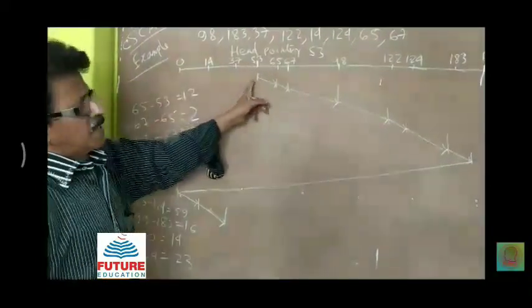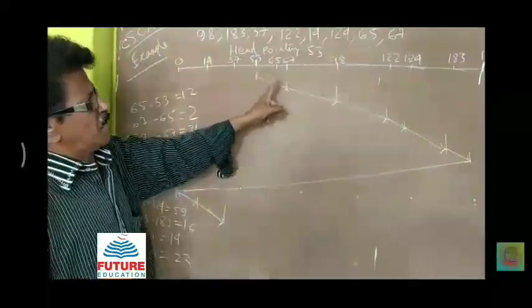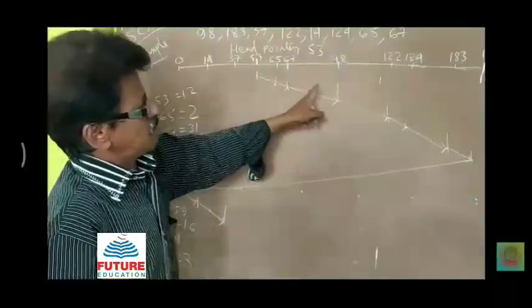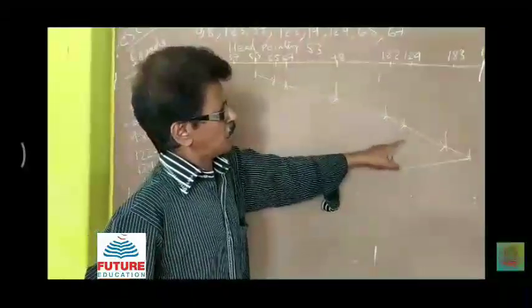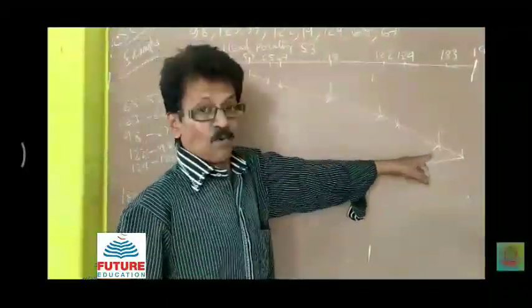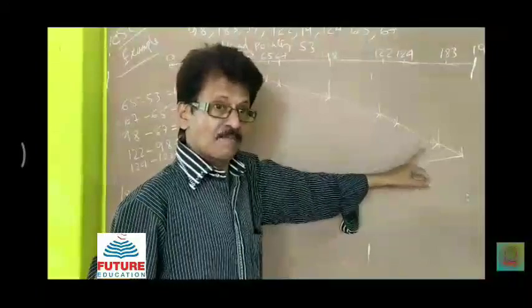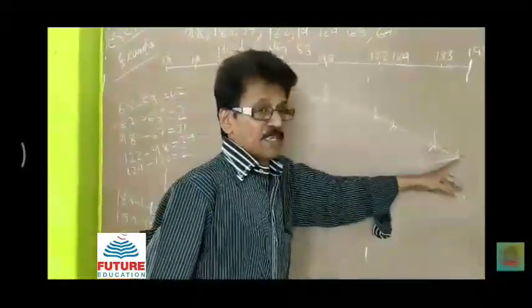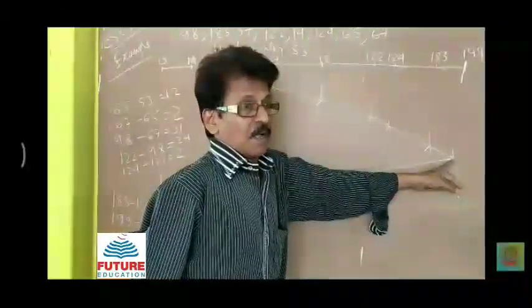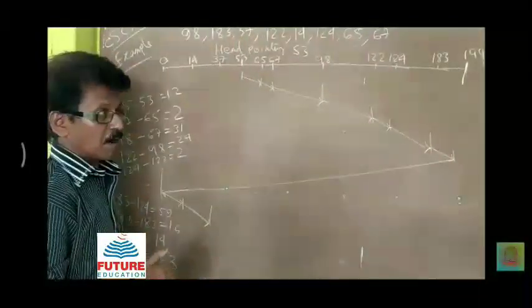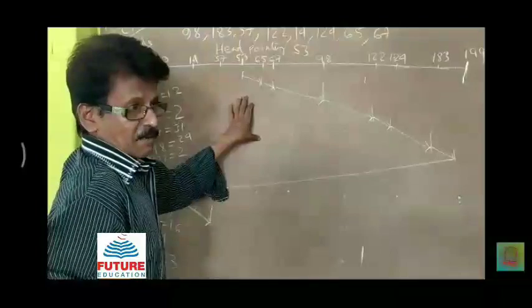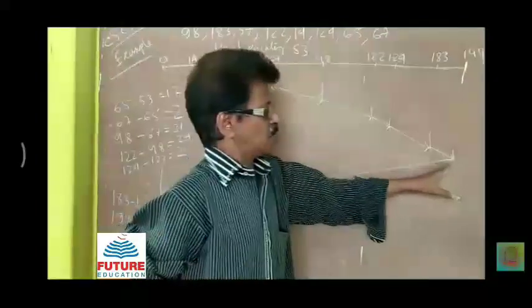So 53 to 65, 65 to 67, 67 to 98, 98 to 122, then 124. But after reaching 183, we have to go to the end of the disk. 199 is not given as a track, but according to this algorithm, we have to reach the end of the disk.